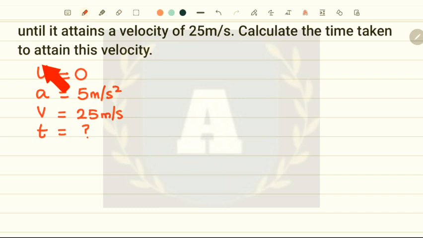So we quickly check the four equations of linear motion that we would be able to apply.